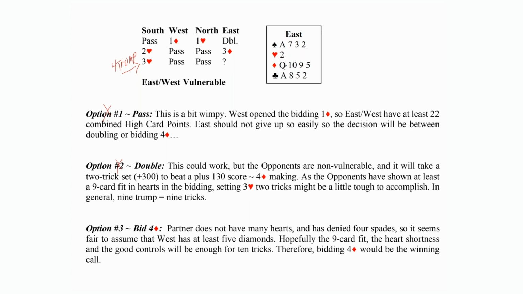And we know we have 8 trump, right? But we also are considering partner holding 5 diamonds, because if they don't have too many hearts, they didn't have 4 spades, right? Because East made a negative double and West didn't come back and say, hey, 2 spades, partner, I have 4 spades with you, right? So West is short in spades, short in hearts, and therefore they most likely have 9 cards in the minors.